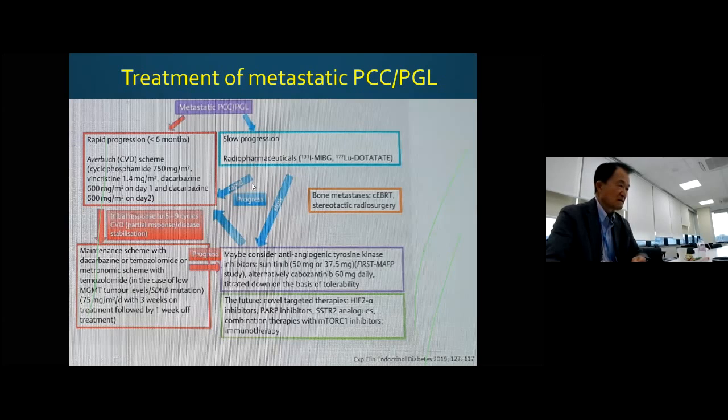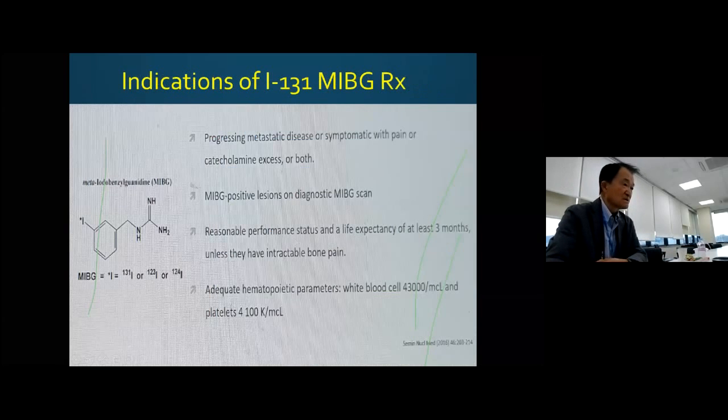For rapid growth, chemotherapy is usually applied, but for slow growing tumors, internal radionuclide therapy has been successful. In this MIBG therapy, the tumor is slow growing, progressive, symptomatic, with at least a positive MIBG scan. Compared to chemo, it has relatively fewer side effects, particularly hematopoietic side effects.